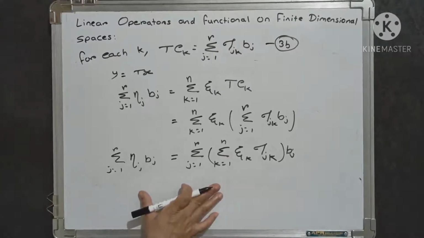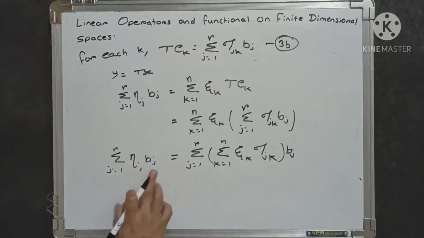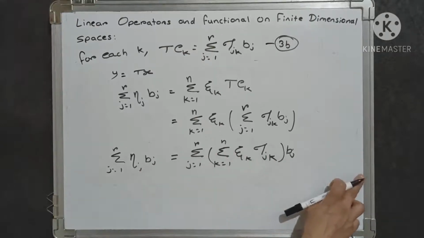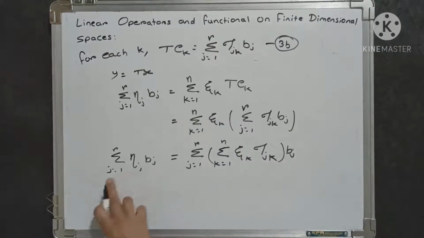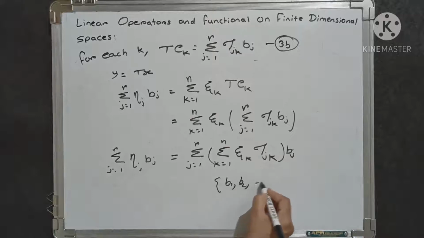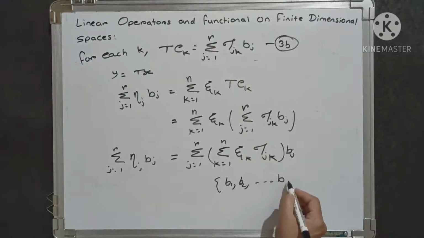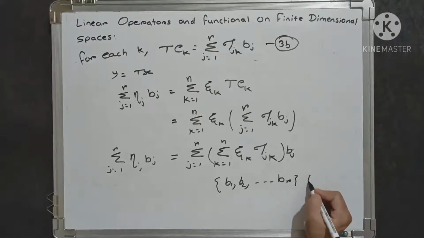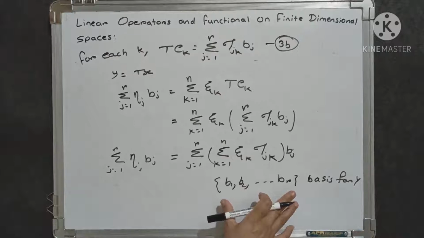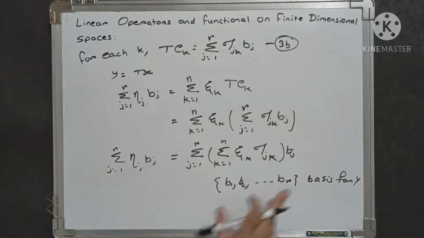Now in this equality, on this side we have b_j, and also on this side we have b_j, and for each j, the set b1, b2 up to b_r is the basis for capital Y. As it is the basis for capital Y, and capital Y is a vector space, this basis must be a linearly independent set of vectors.